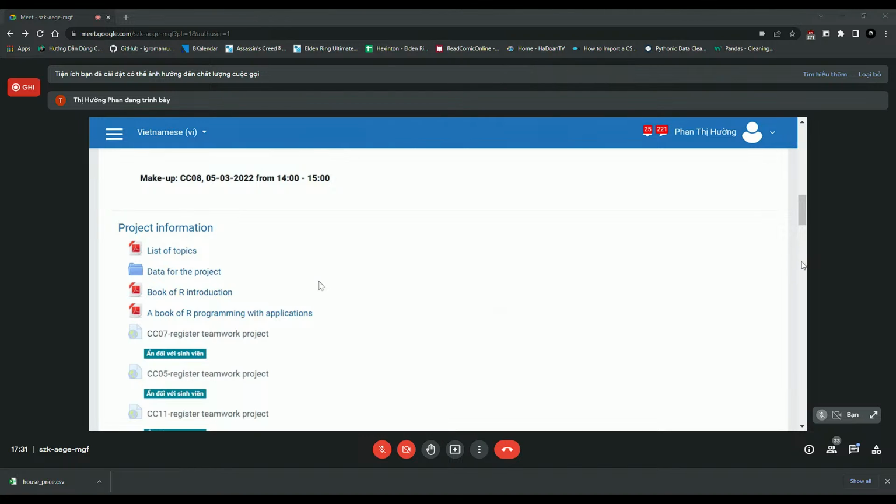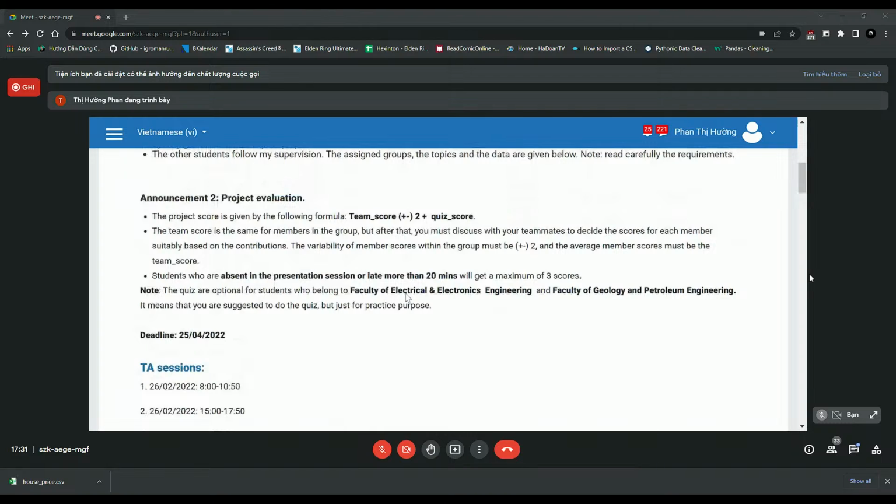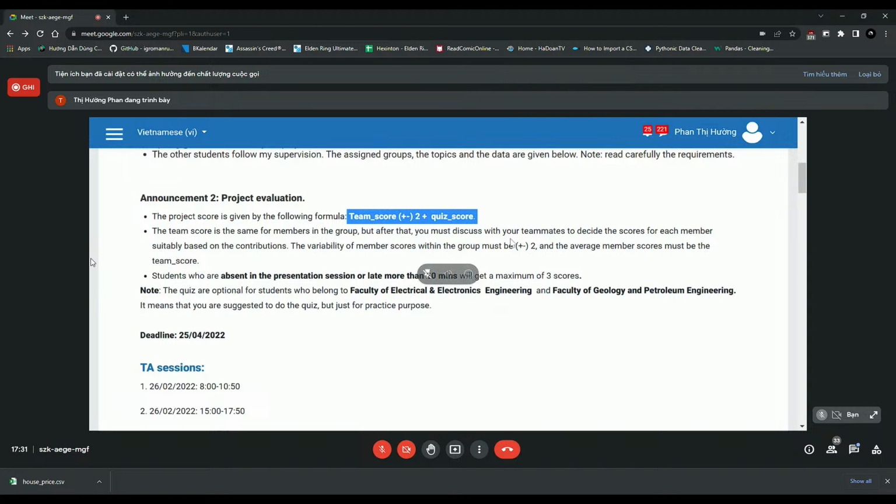It's very useful. Okay. Now the last thing I want to say is the project evaluation. As you know, look at the announcement too. The project evaluation includes the team score and the quiz score. The quiz score you already know. This is the average score of the quiz given at the end of each chapter.